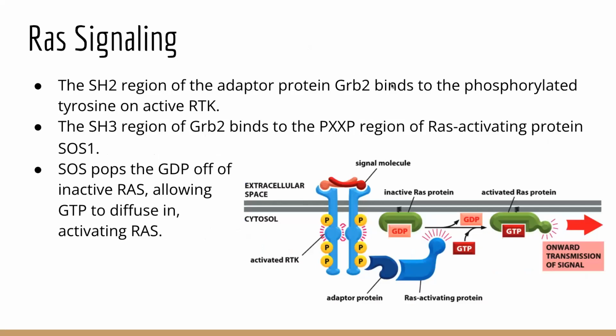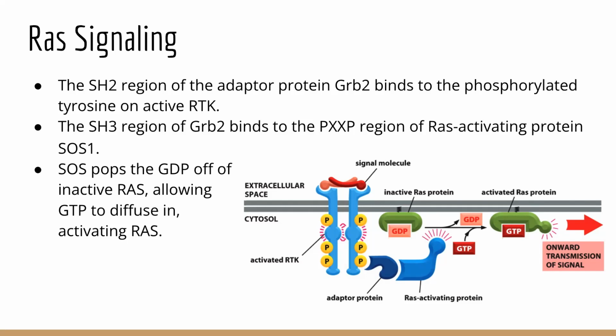So the RAS signaling is a build off the RTK. What actually binds to the RTK is going to be an adapter protein. In our case, we're just going to call it GRB2. How does GRB2 bind to the RTK? It utilizes an SH2 domain, and all the SH2 domain does is bind to phosphotyrosines.